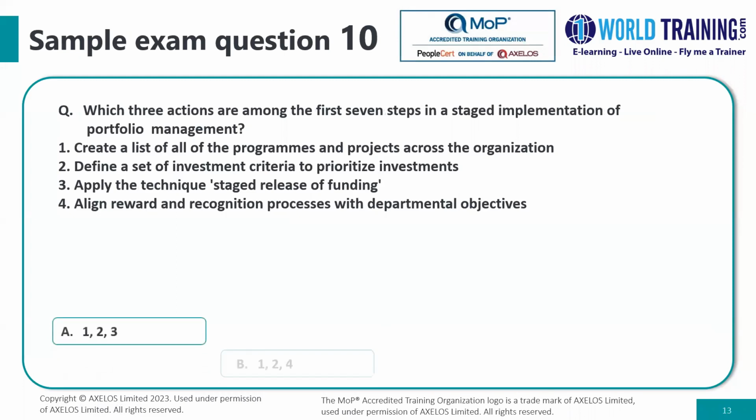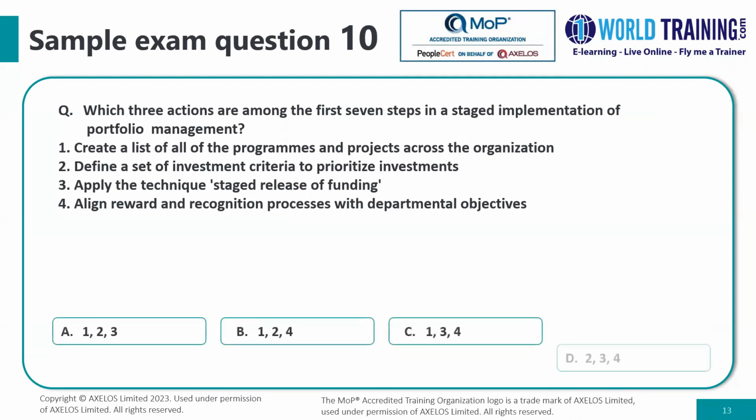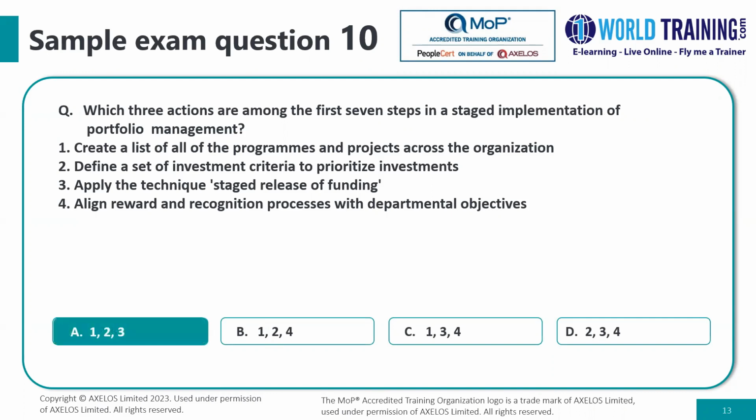Question number 10, which 3 actions are among the first 7 steps in a staged implementation of portfolio management? The answer is A, the first 3 steps.